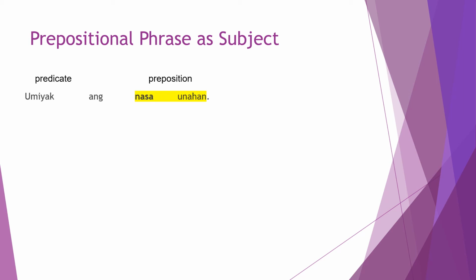We have here, the first example is umiyak ang nasa unahan. Umiyak ang nasa unahan. It means the person in front cried.